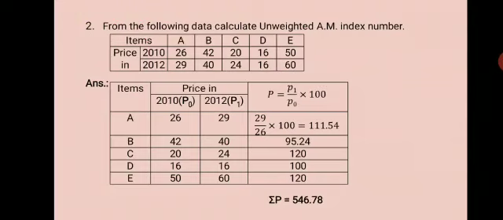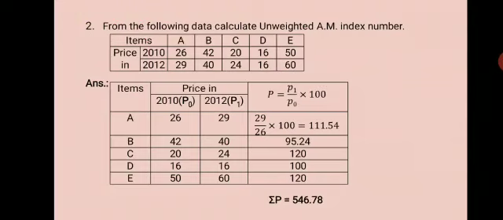Then we have to find price relatives, that is P equal to P1 divided by P0 into 100. That is first price relative is 29, that is first price in the current year, divided by 26, that is first price in the base year, into 100. If you simplify this, we will get the answer as 111.54.